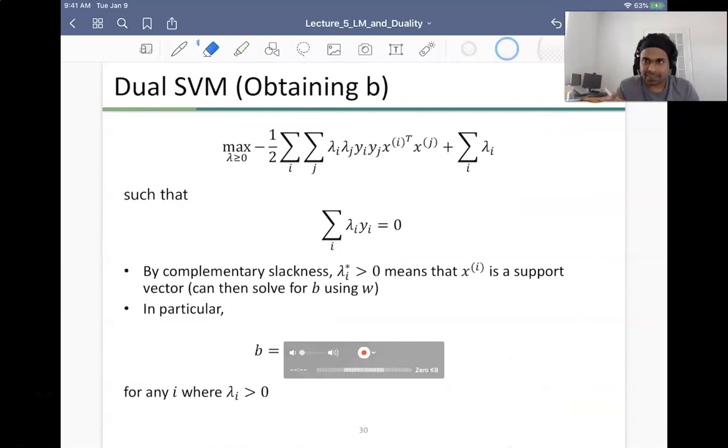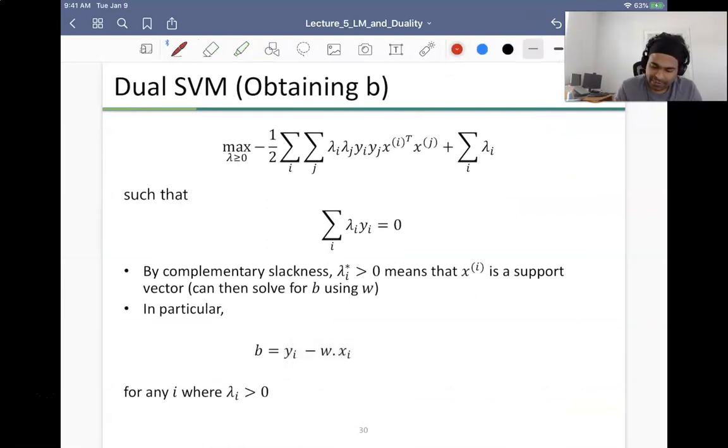Okay, so now how does this help us? The way this helps us is that now I can start with this particular formulation, and then I have my constraints. Using complementary slackness, we know that whenever lambda i star is strictly greater than 0, I have my lambda star, which is my vector, I take the ith component of this, and I take any ith component which is strictly greater than 0.